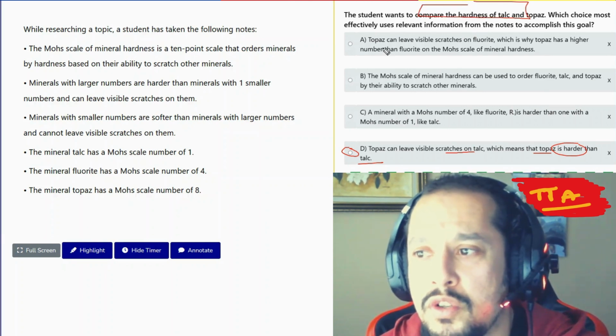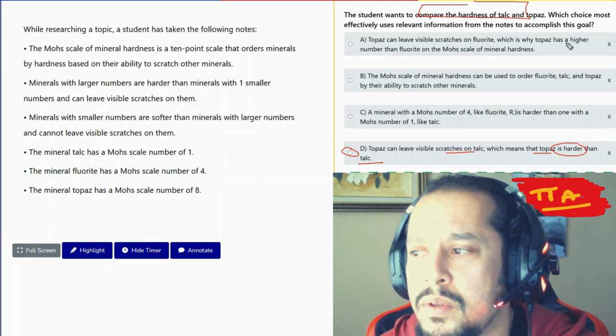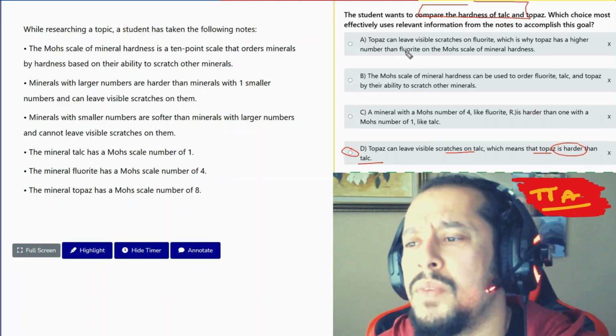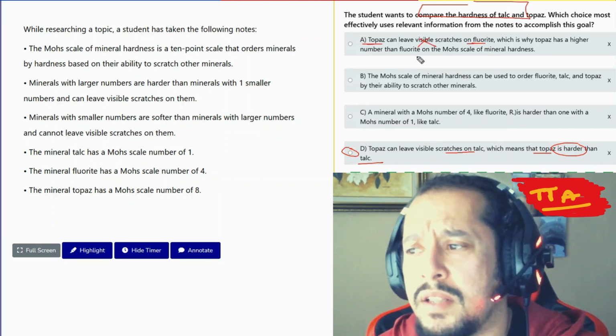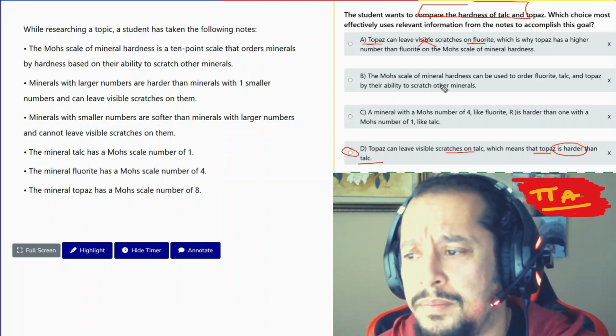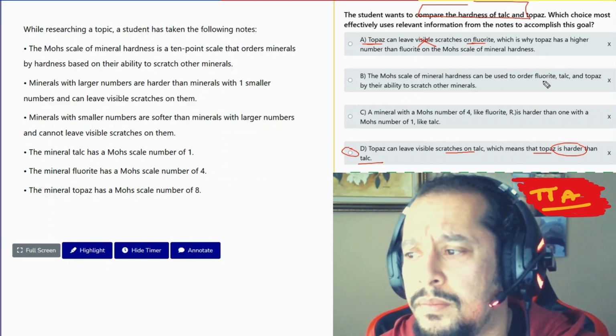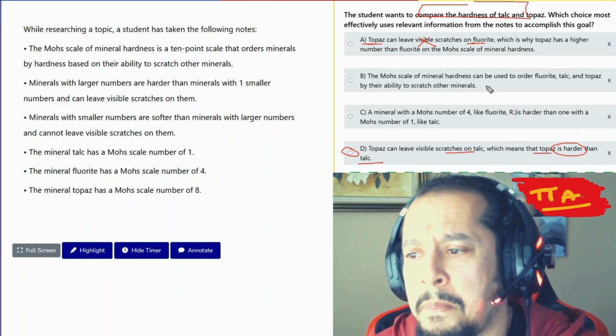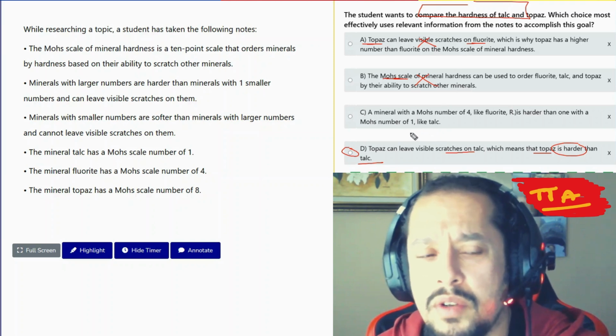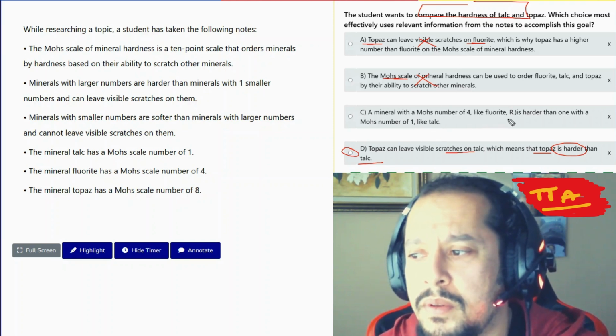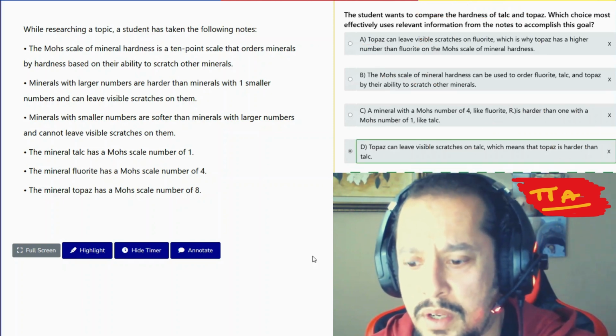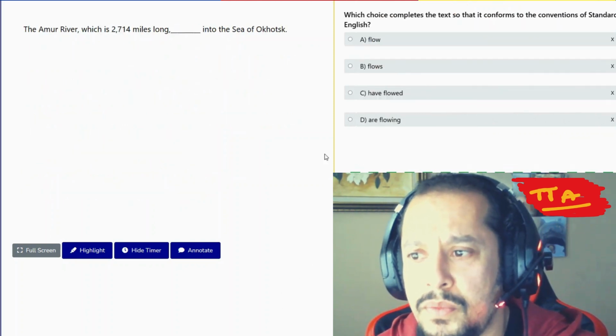With the other answer choices, topaz and fluorite, that doesn't answer the question. This talks about the Mohs scale, doesn't talk about talc and topaz or comparing their hardness. Answer C doesn't do that either. So here we're going to go with answer D.